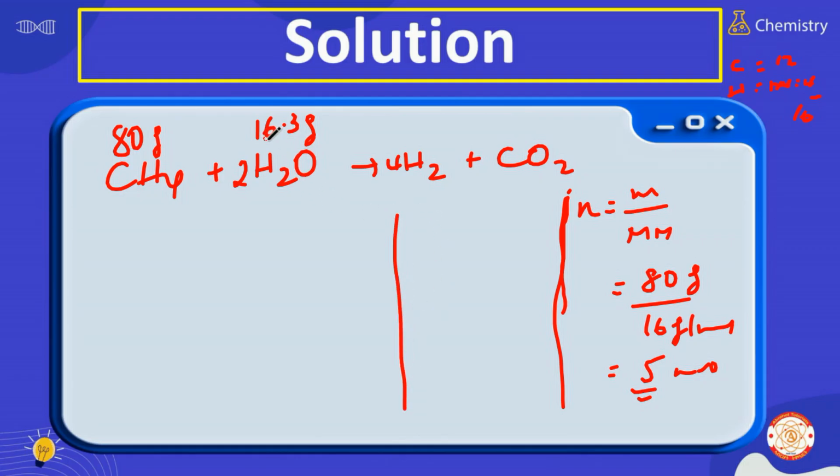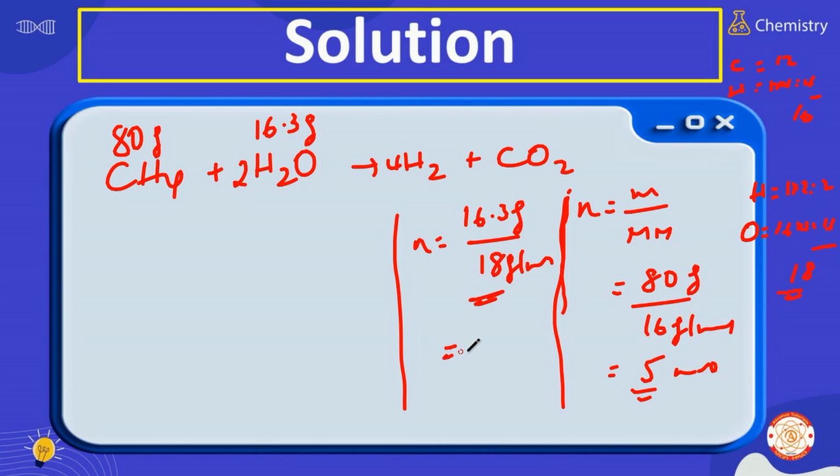Okay, now let us convert this to mole. Mole of water: 16.3 grams divided by 18 grams per mole. Hydrogen is 1 times 2, oxygen is 16, and adding these gives 18 grams per mole.